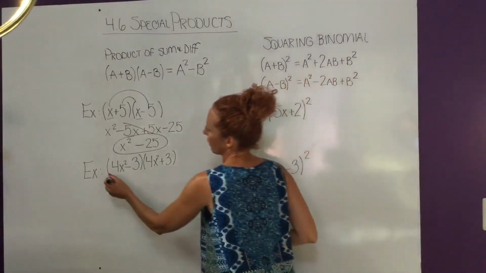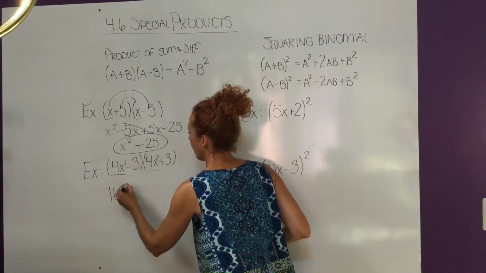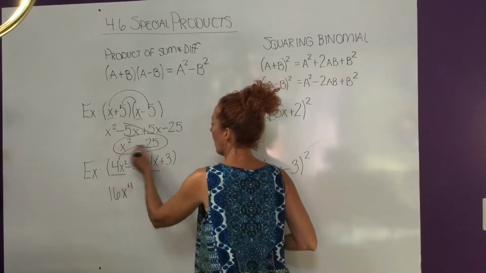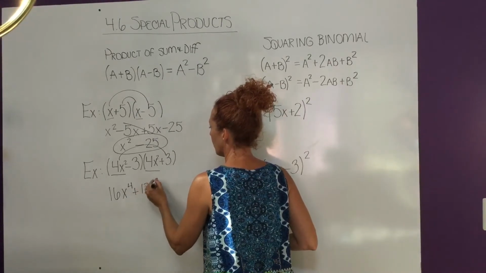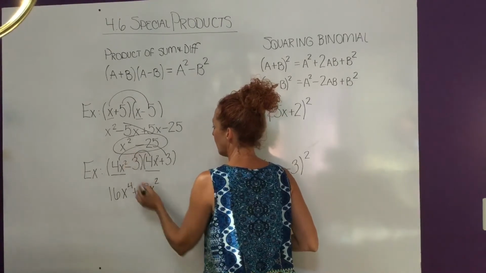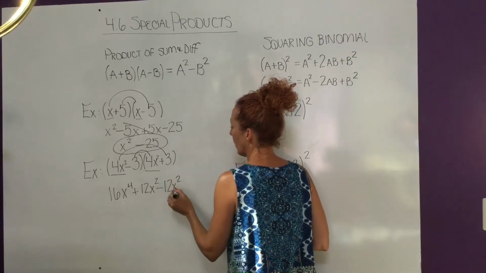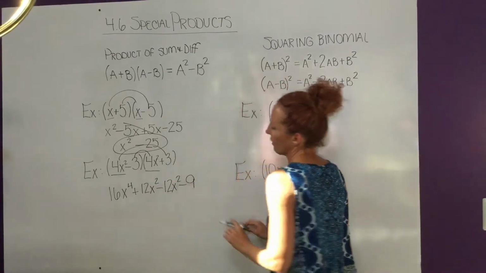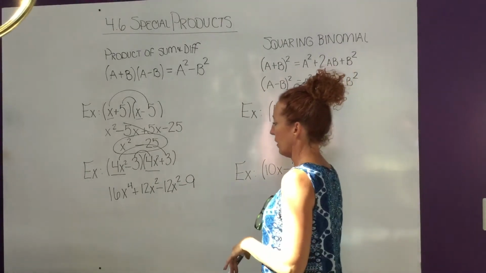We're still going to FOIL. 4x squared times 4x squared is 16x to the 4th. The outside piece would be a positive 12x squared. The inside piece would be a negative 12x squared. So the back would be negative 3 times positive 3, which would be a negative 9.